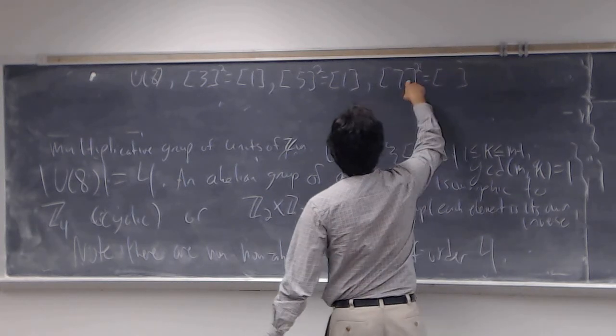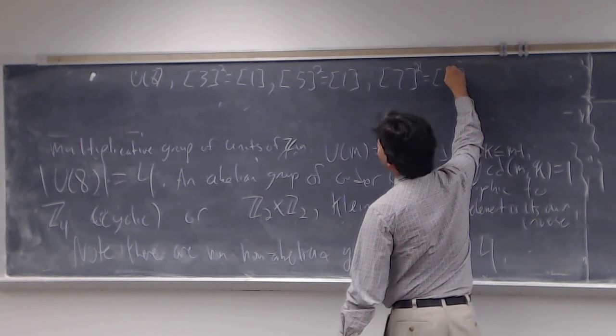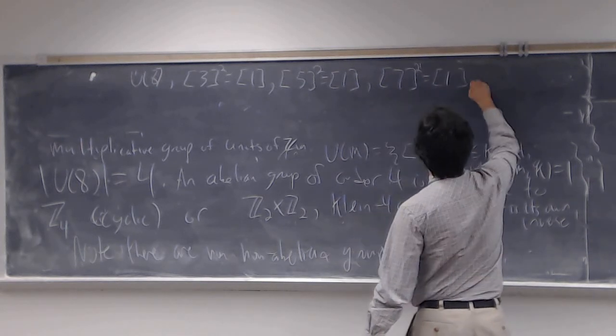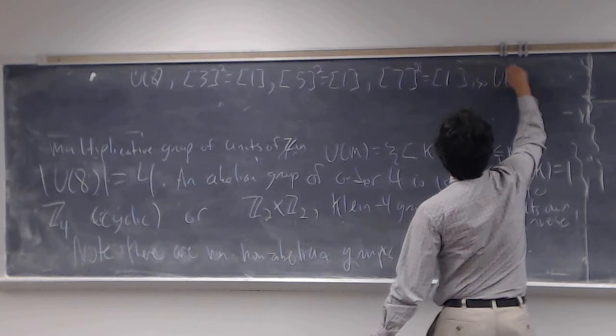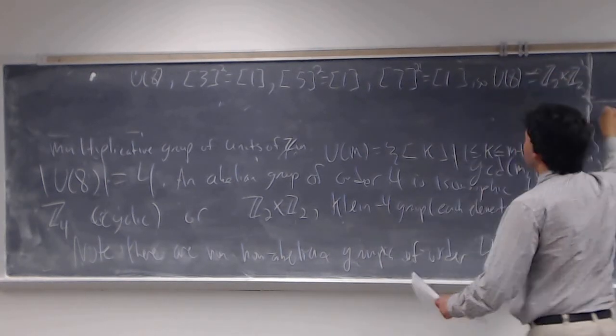So that's the equivalence class determined by 49, which is also 1. So U_8 has to be isomorphic to the Klein 4 group, Z2 cross Z2.